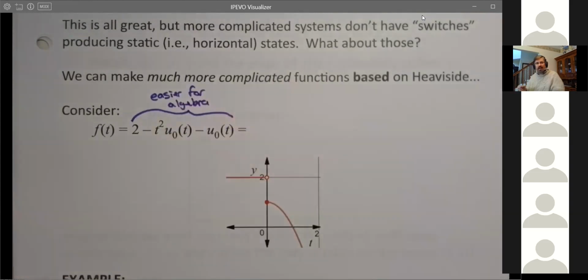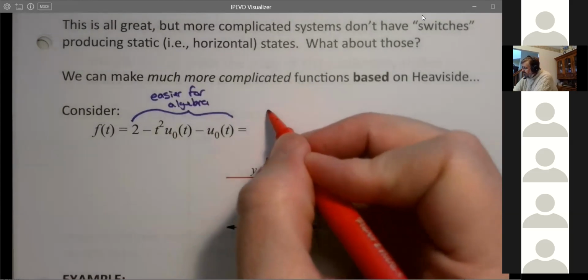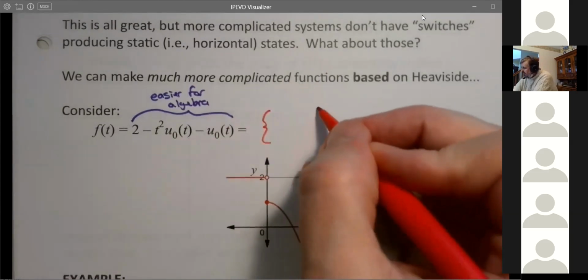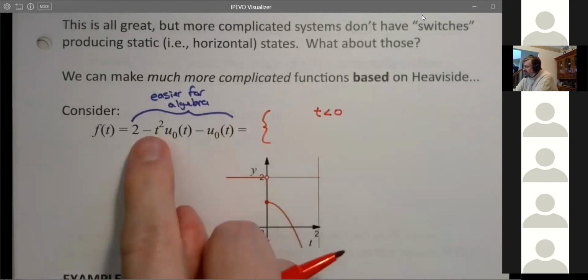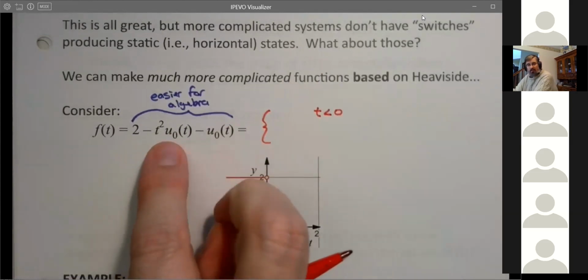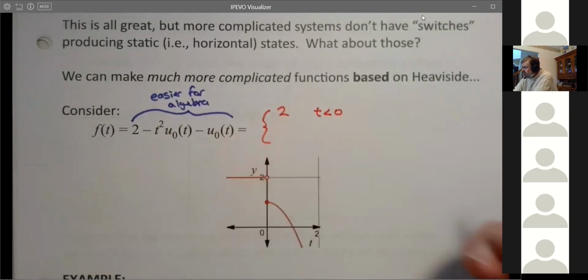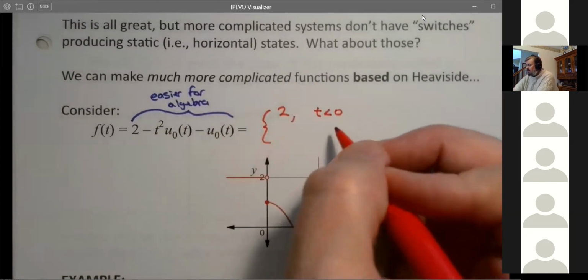Even though you might look at it and not necessarily see how it plays out, that is equivalent to a function that up until t equals 0 is going to behave like 2, because this term is 0 and this term is 0. So it's going to behave like 2 everywhere that t is less than 0.